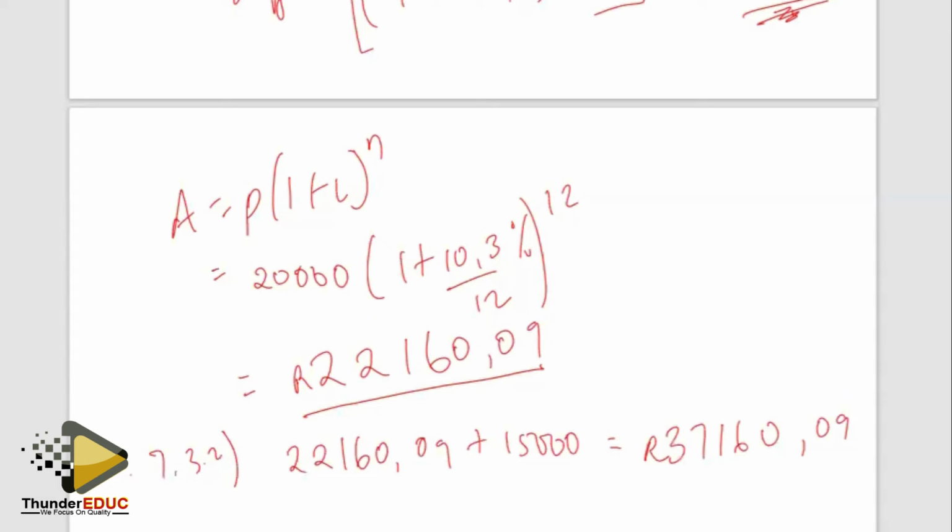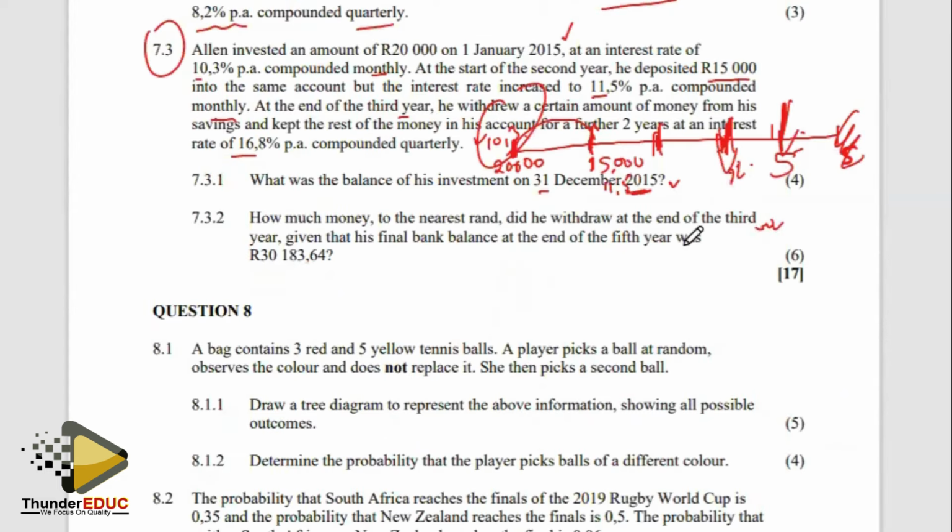Then this amount must grow at the rate that has been stipulated. The rate that they gave us was 11.5% monthly. Then at the end of the 3rd year, not at the beginning, which means it's going to grow from the 2nd year to the 3rd year, and then the 4th year.